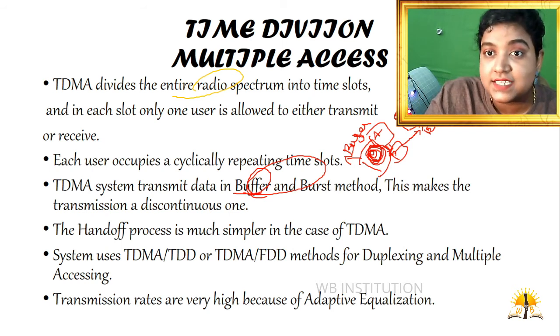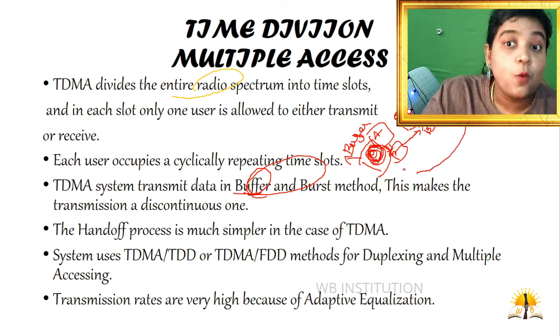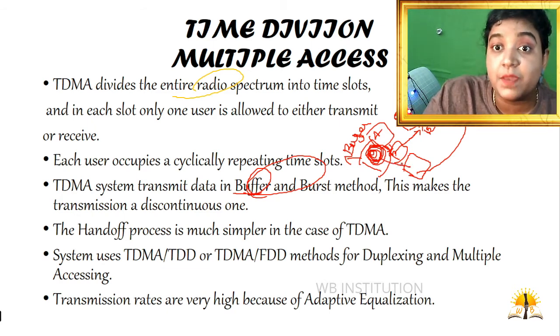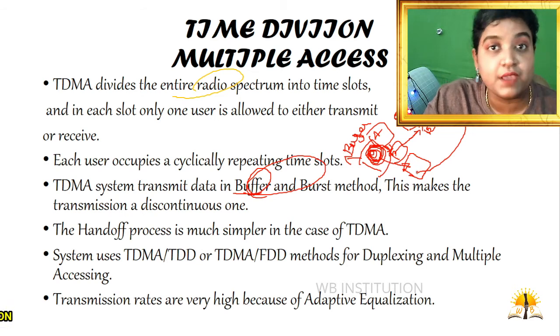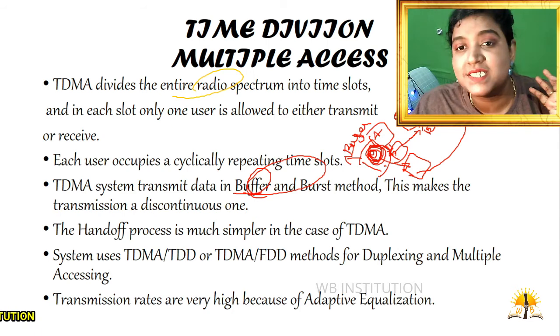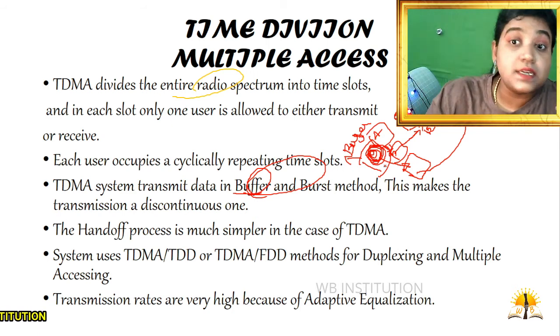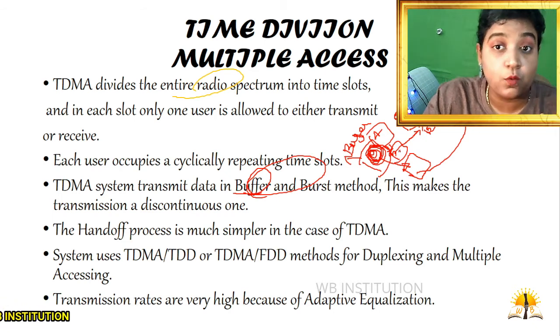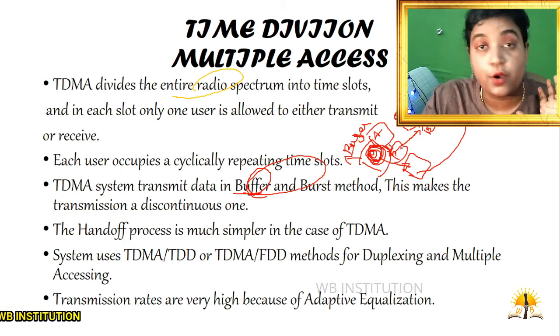Once again, during the cyclic process, the chance will be given to source A or user A. From the buffer, the information gets loaded to the frames. This is called the buffer and burst method. Since it is not continuous, right? You can see that the chance given to user 1 is over.